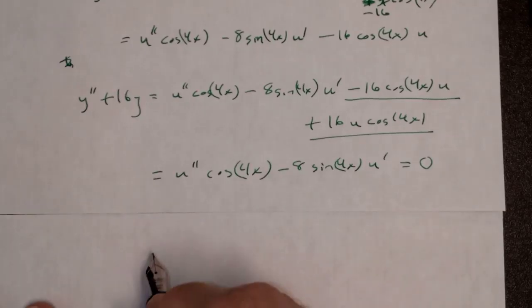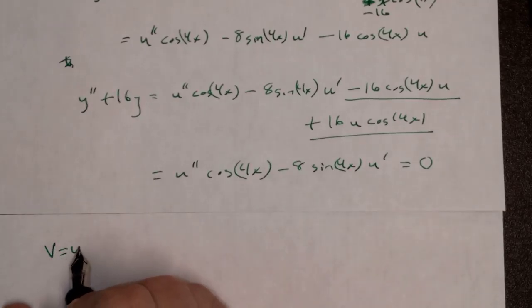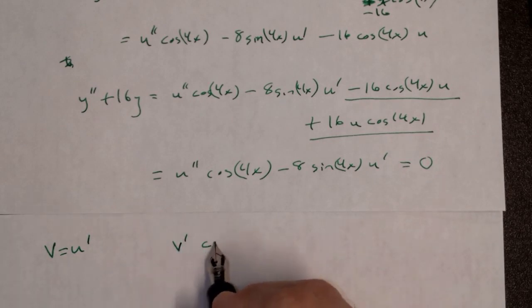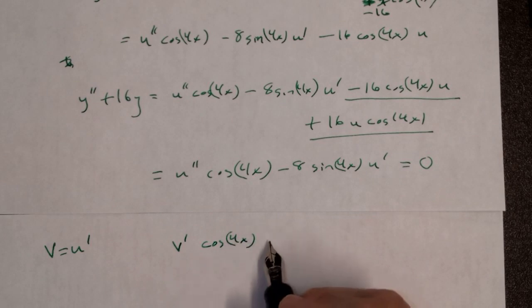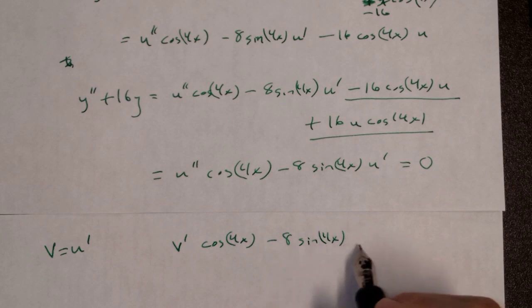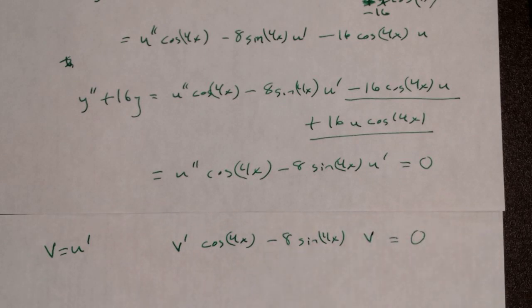I'm going to write this where v is equal to u prime. So this is now v prime cosine 4x minus 8 sine 4x v equals 0. This is a first order equation.